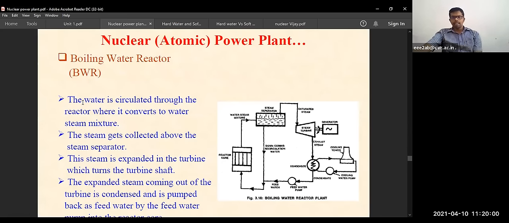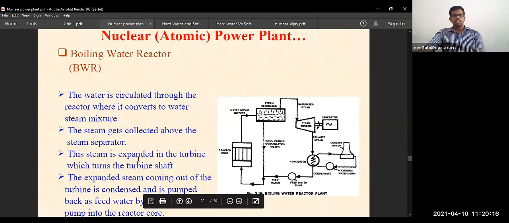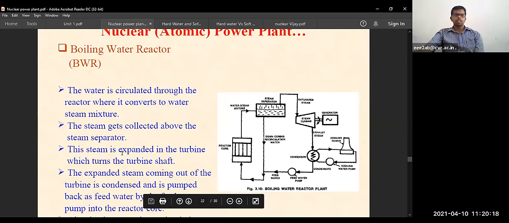In the boiling water reactor, as I said, water is circulated to the reactor, where it converts to a water-steam mixture. The steam is collected above in the steam separator. This steam is expanded in the turbine, which in turn turns the turbine shaft.